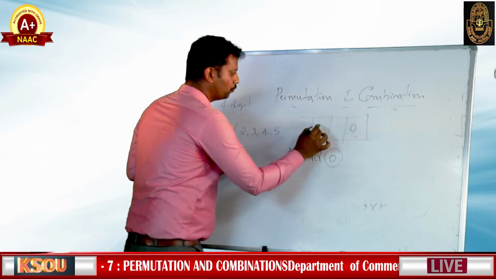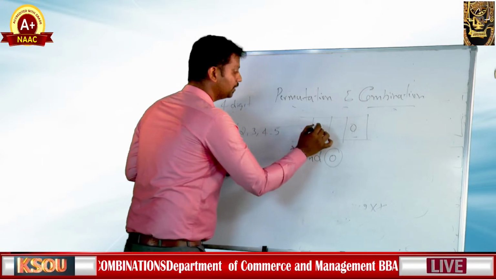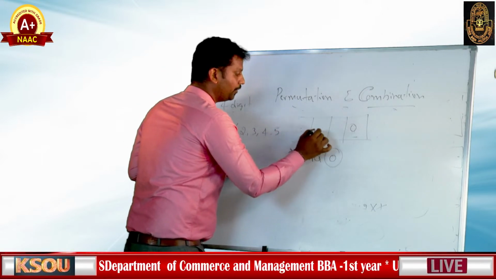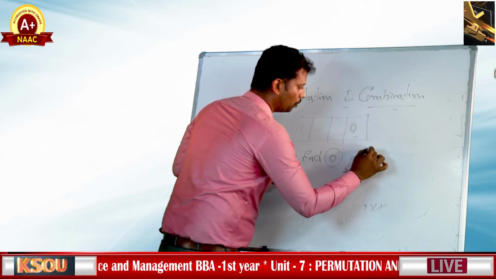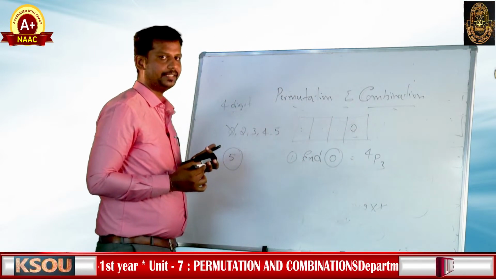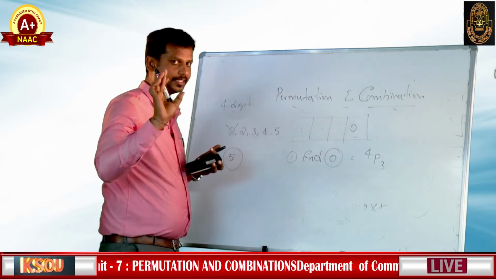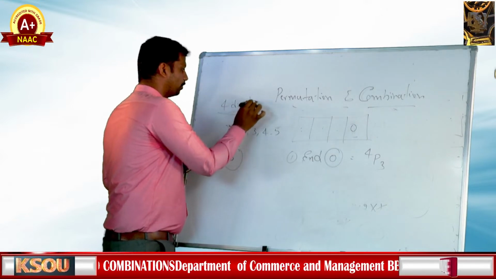Out of these 4 digits, we arrange only 3 digits. So how can you write it? 4P3. Clear? Listen carefully in this question, we have to select 4 digits.